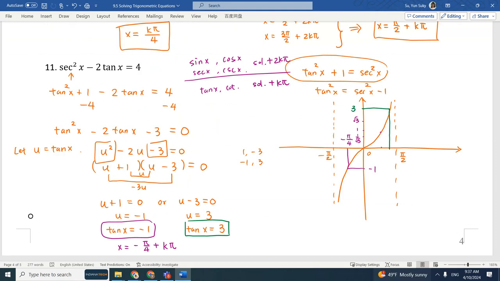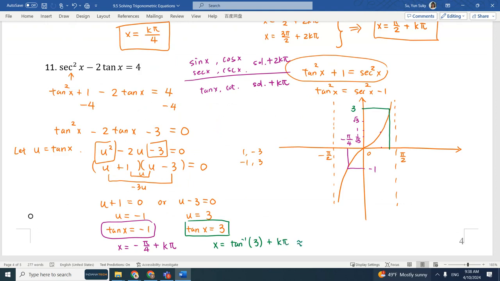For not common angle values, you use the inverse trig function. Yes, everybody? So then x is inverse tangent of 3, because it's not a common angle value. And because we want all solutions, you add k pi.